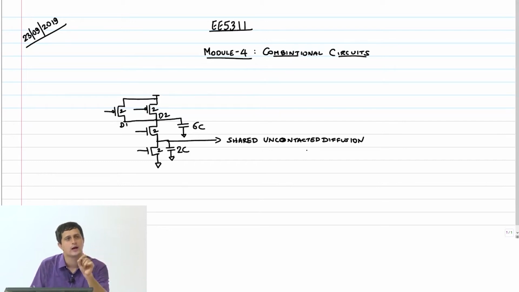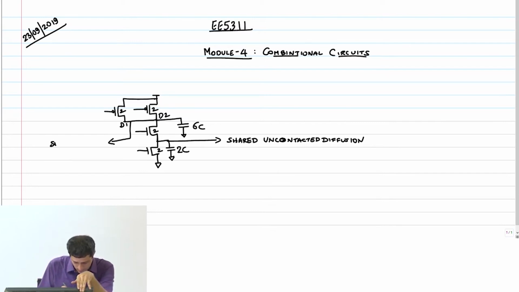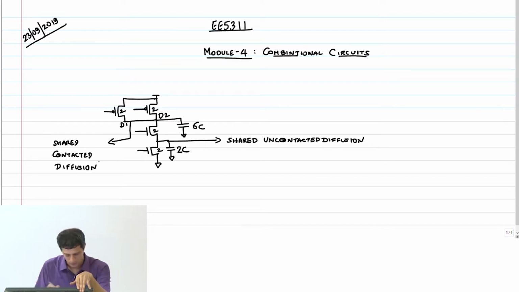There are two diffusions and you have to have sufficient space to connect these two diffusions together with a metal, and therefore this will basically be a shared contacted diffusion, and therefore each of the nodes will contribute a capacitance of W times C.